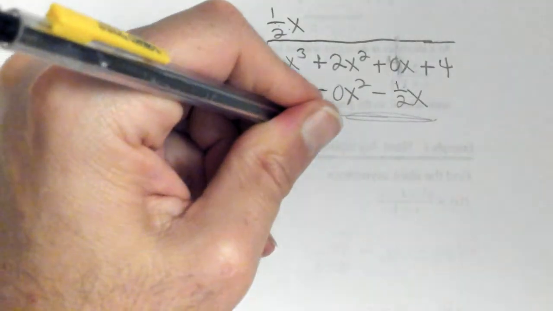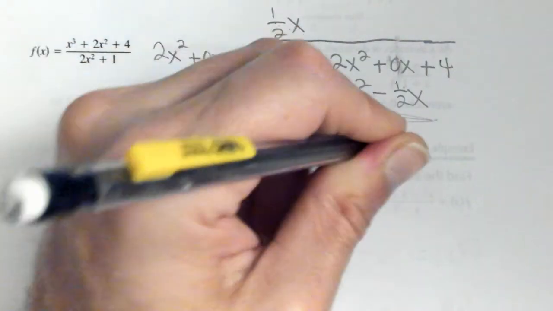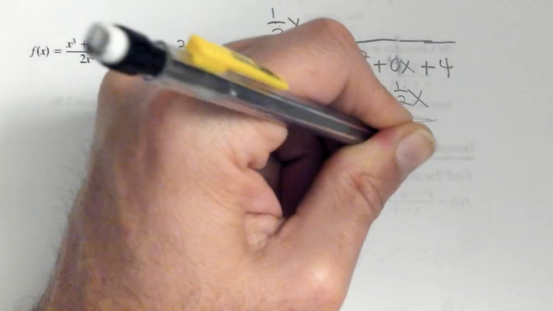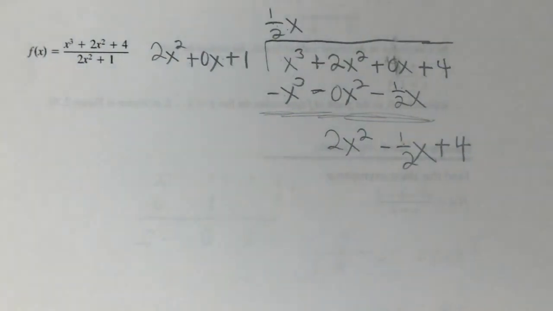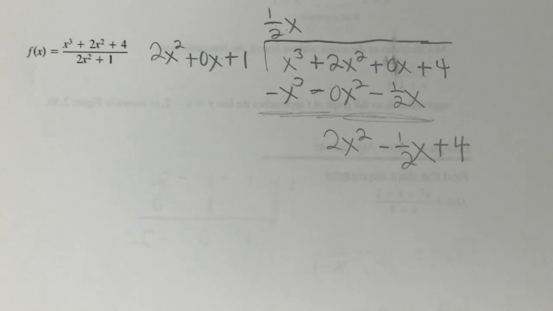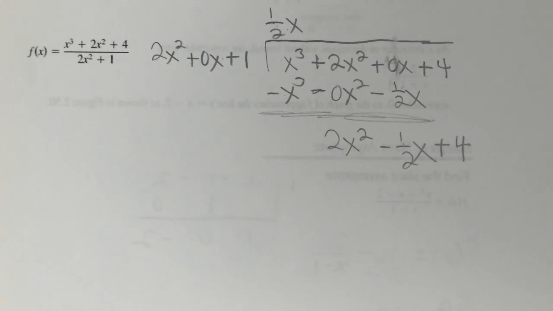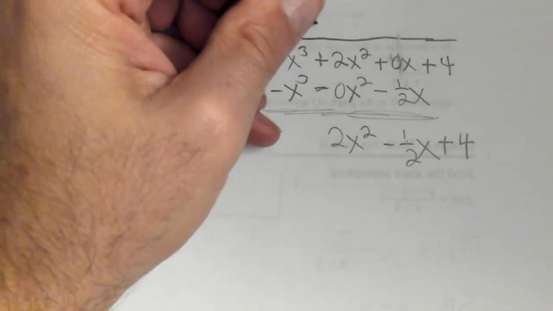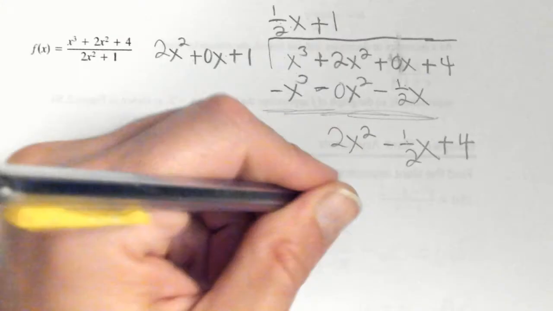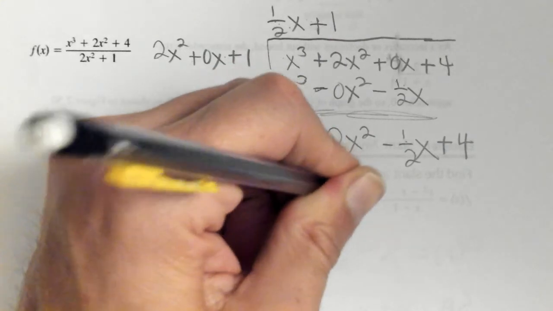That's going to be 2x squared minus 1/2 x, and a plus 4 goes here. Okay, good shape again. And so now, next thing that we were going to do here is we're going to try to match it up again. So how do I turn 2x squared into 2x squared plus 1? And it'll drop in as a minus x squared.